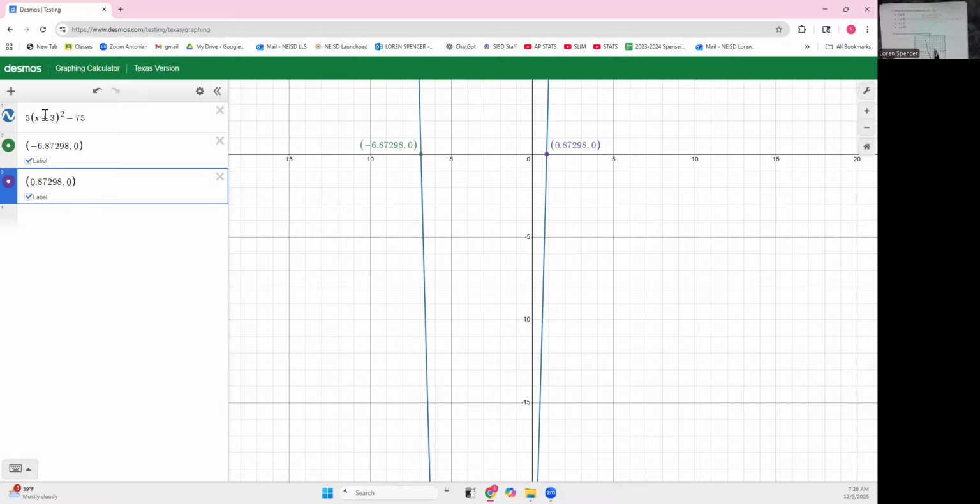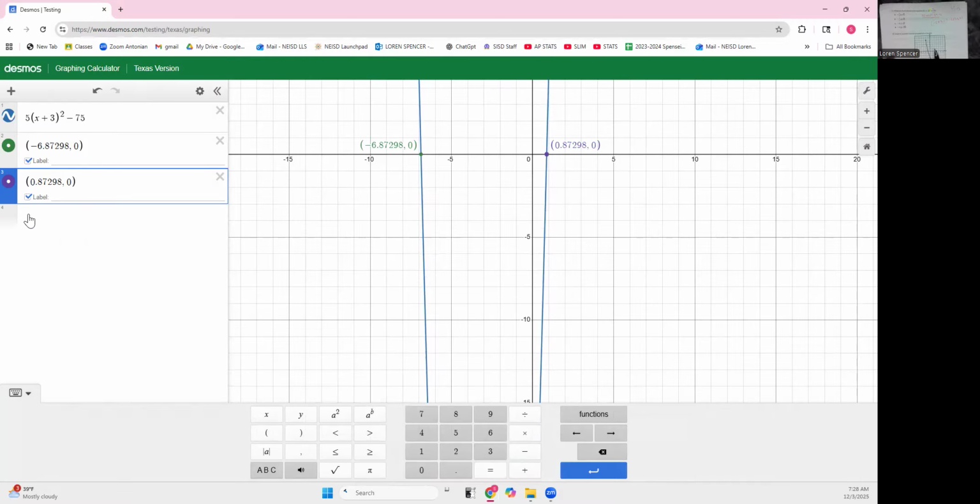Well, I'm going to go to those answer choices and see what I can do with those. So the first answer choice was negative 3 divided by 5 and minus the square root of 5.